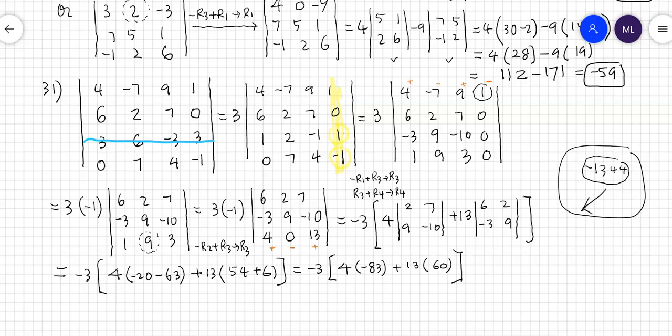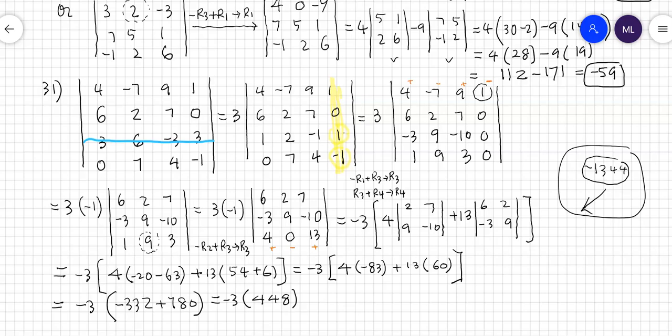Okay, so that would be negative 3. Now what is it? 12, negative 33 plus 780. So this is negative 3 times 780, so it's going to be 448.